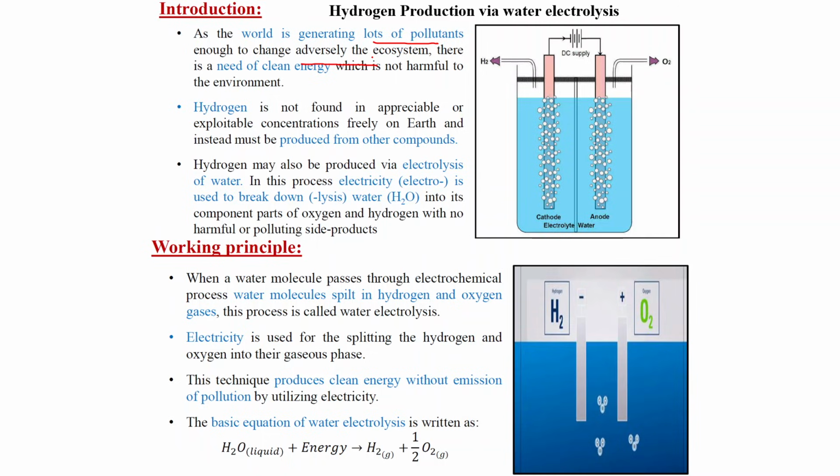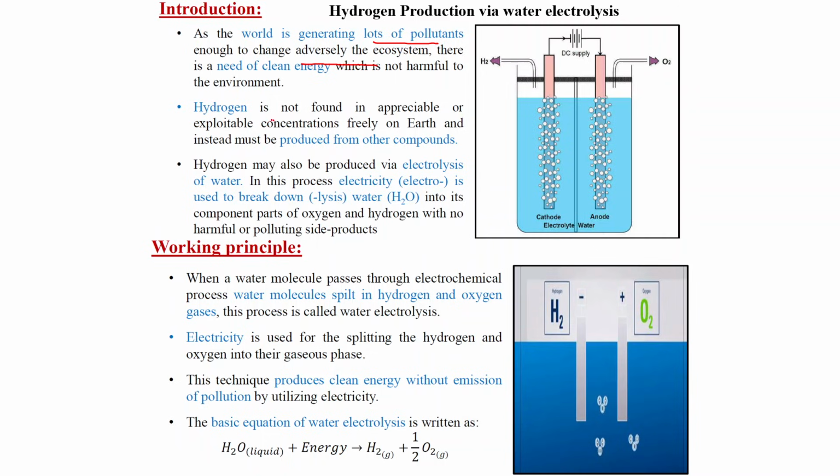So basically, if we simply use water and apply potential, and we can split water by applying potential, and if the energy for that potential is also coming from a renewable energy source, then that would be the most beneficial method to produce hydrogen without producing any external pollutants, or without contributing to harming the environment.